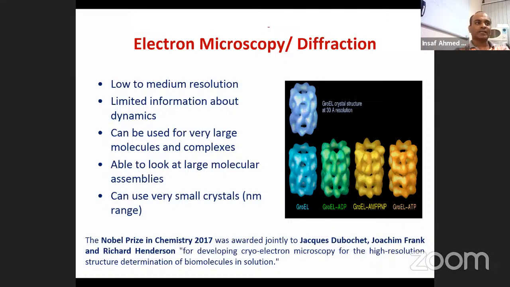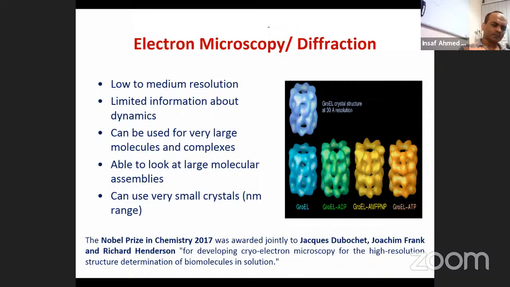This is a very recent technique for determination of the three-dimensional structure of protein. In 2017 Dubochet, Frank, and Henderson received the Nobel Prize for developing cryo-electron microscopy for high resolution structure determination of biomolecules. Biomolecules, if you remember, I told you can be DNA, RNA, or protein, but because protein is quite big, mostly people talk about protein.